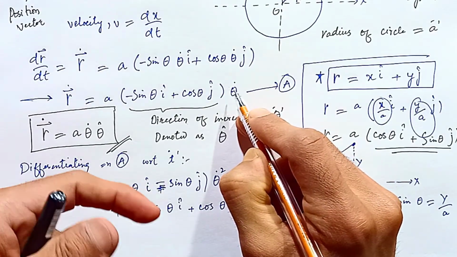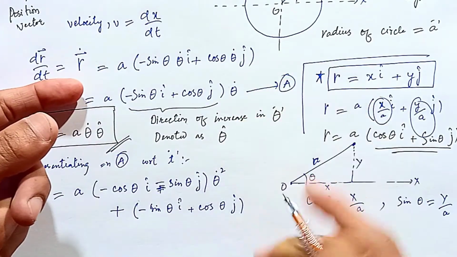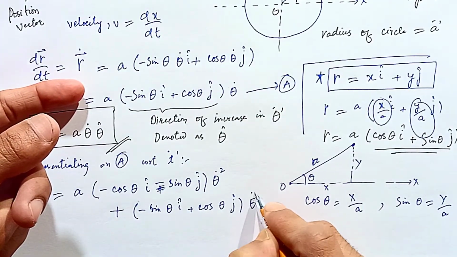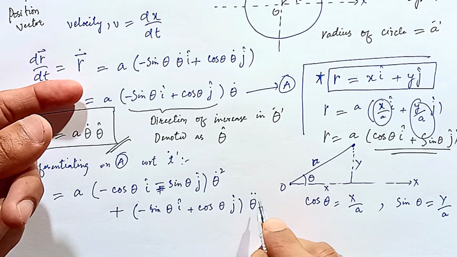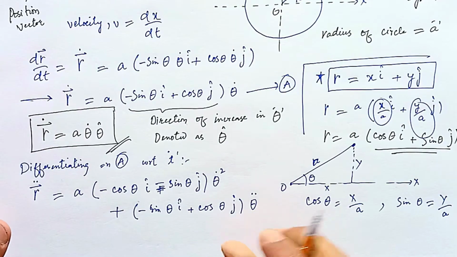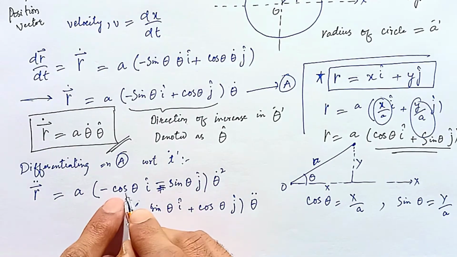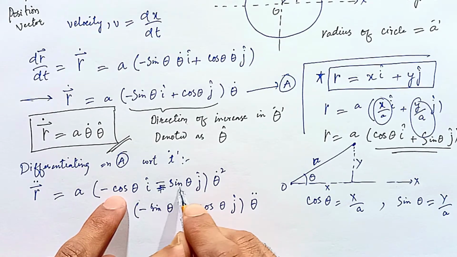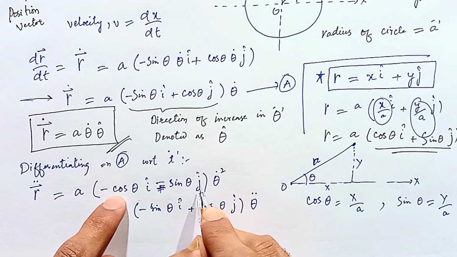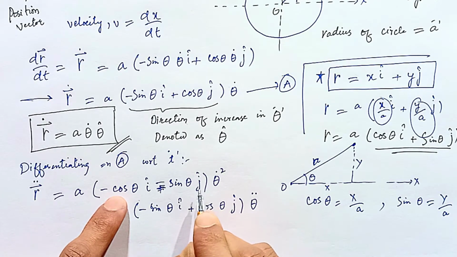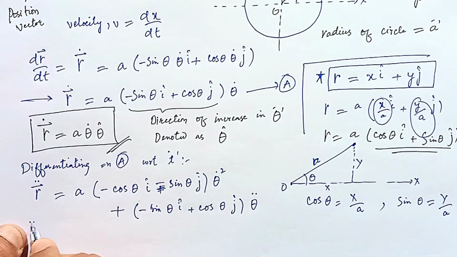Theta dot is differentiated again with respect to time, so we will get theta double dot. From here, keeping the minus outside, we get cosine of theta plus sine of theta, which is already known to you. I'll write it down first.